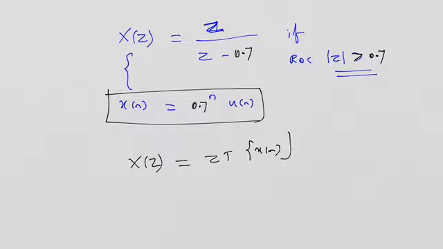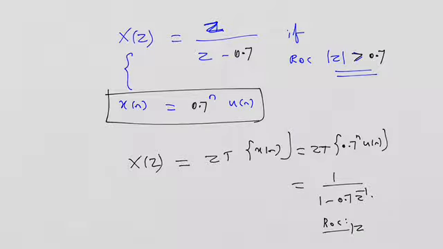The meaning is that the z transform of a sequence 0.7 power n u of n will result in x of z equal to 1 divided by 1 minus 0.7 z power minus 1, with RoC being the portion exterior to the circle where modulus of z is greater than 0.7, with radius 0.7.